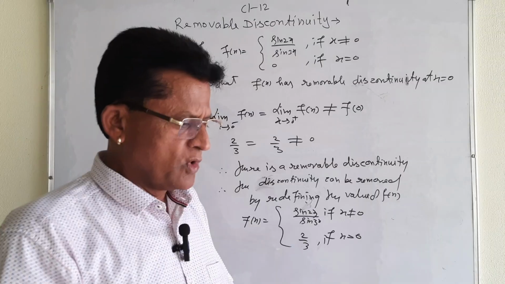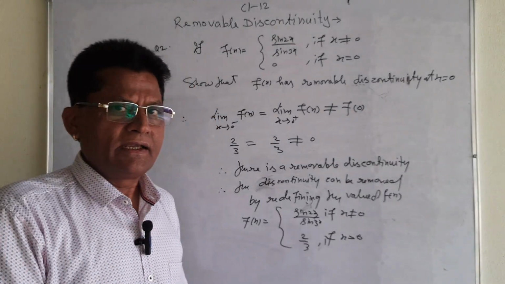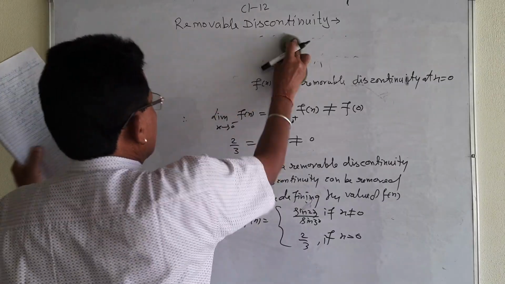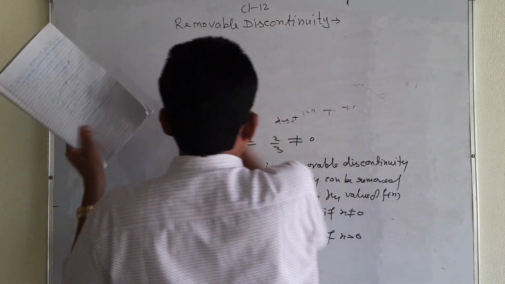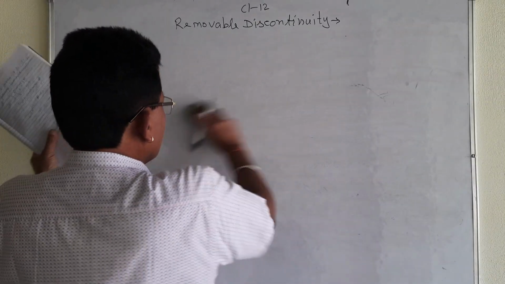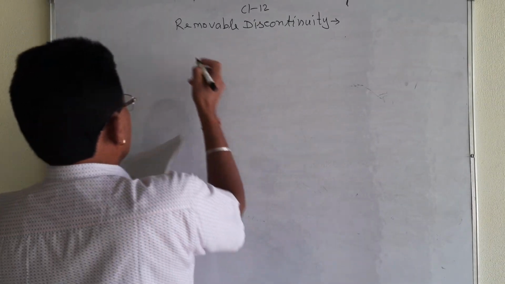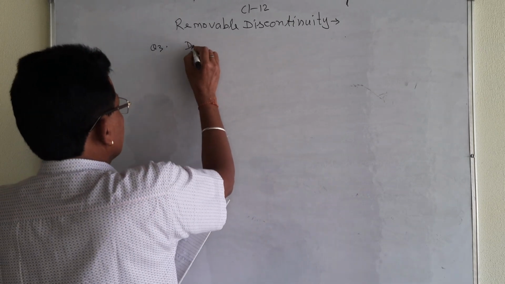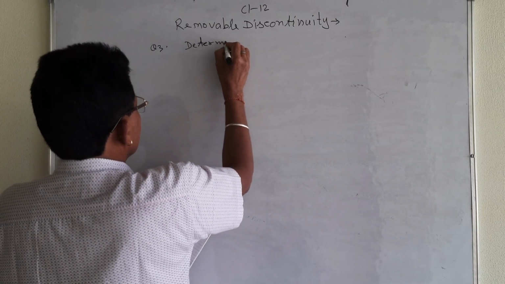Let me take some more questions which are generally asked in the different types of examination related with the continuity of the function. Question number 3. Let me take the question number 3, my dear student. I have collected the most important questions.